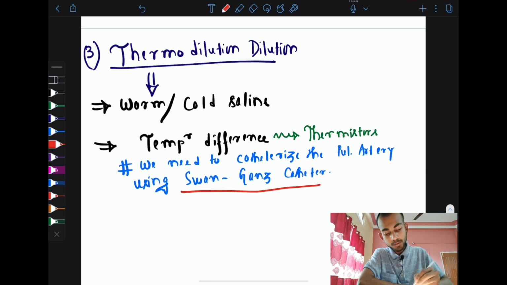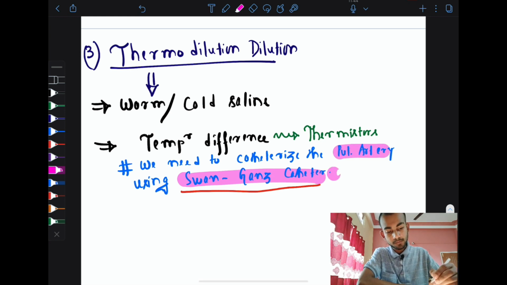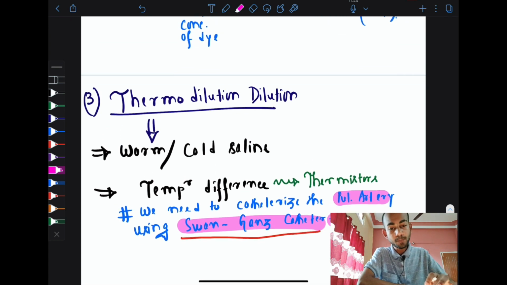The catheter we use is the Swan-Ganz catheter, and we have to catheterize the pulmonary artery, right? So that was all about the ways of measurement of cardiac output.